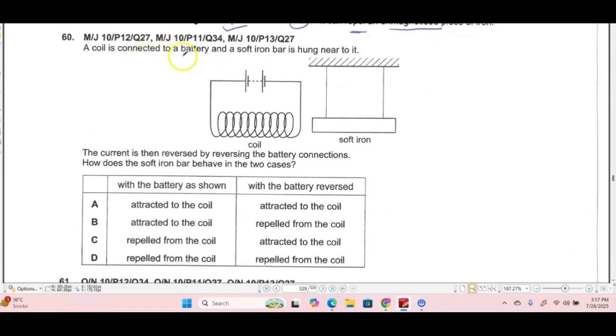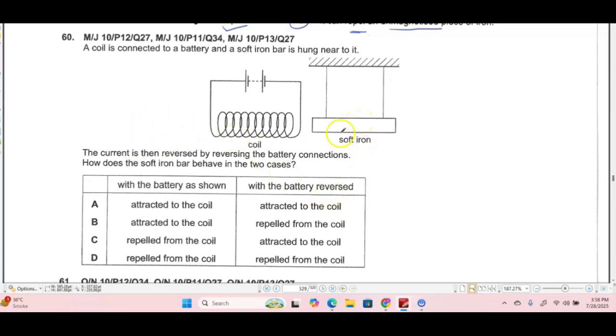The coil is connected to a battery and a soft iron bar is hung near to it. The current is then reversed by reversing the battery connections. How does the soft iron bar behave in the two cases? Okay, with the battery shown, it's going to be attracted to the coil, and even when the battery is reversed, it doesn't have any effect on this.